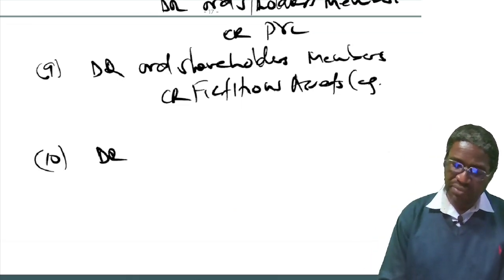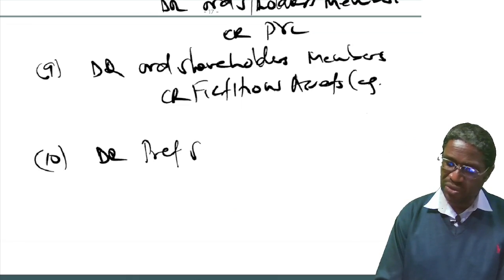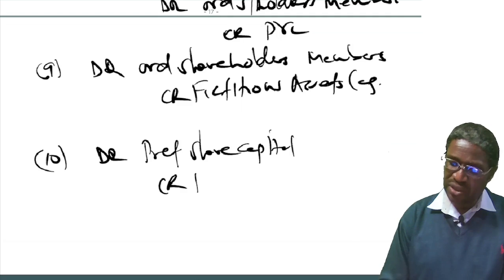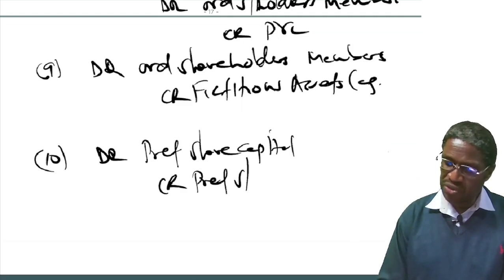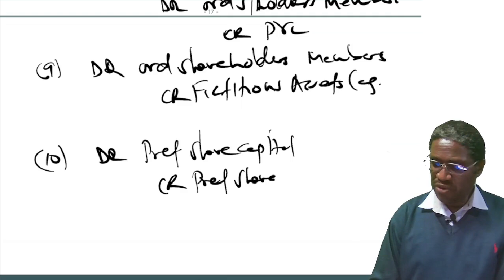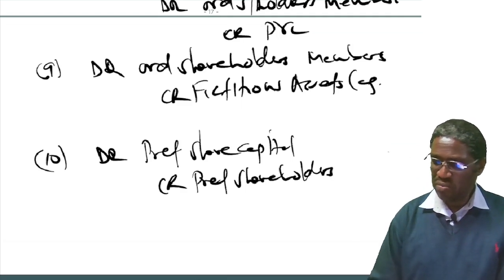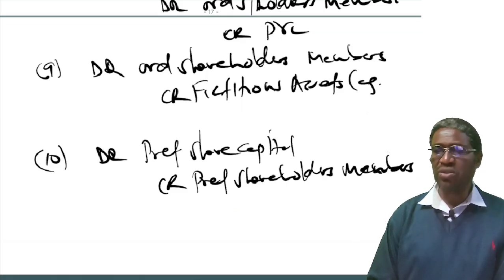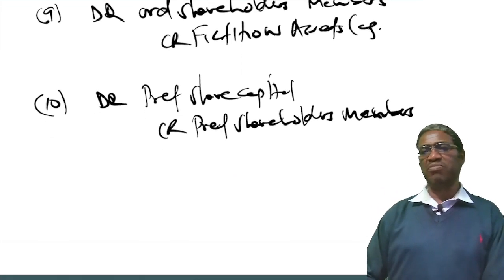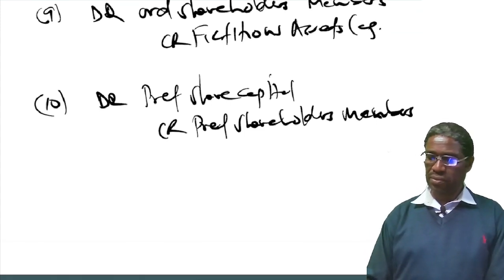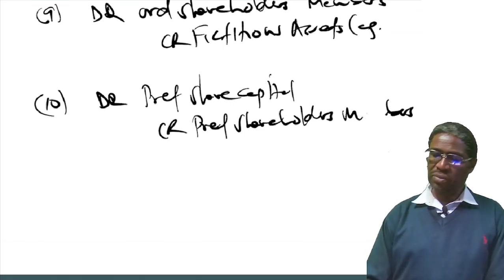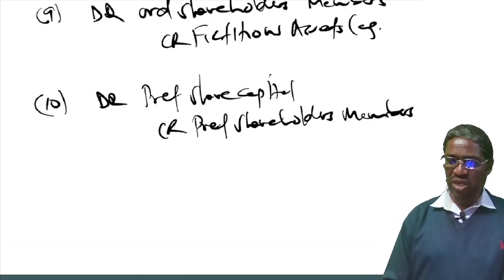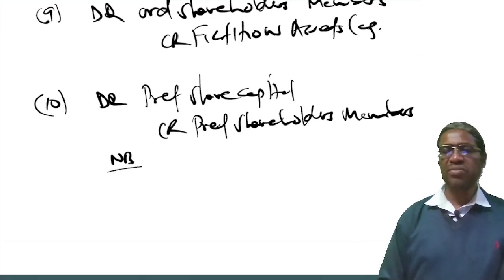Debit preference share capital, credit preference shareholders members. You debit preference share capital and you credit preference shareholders members.